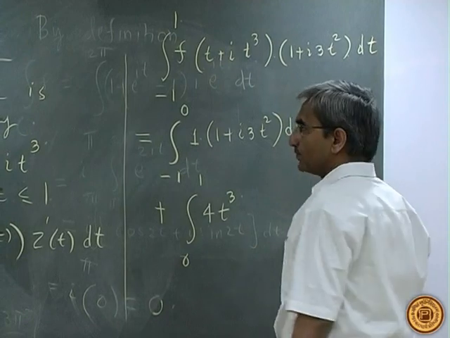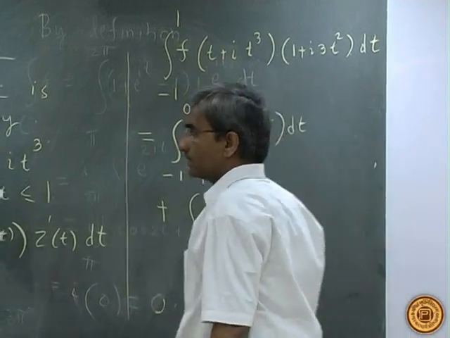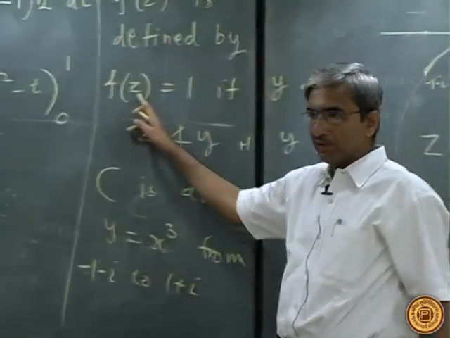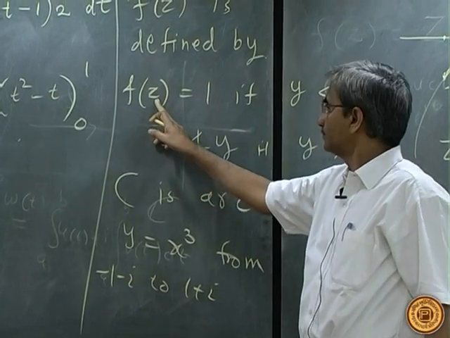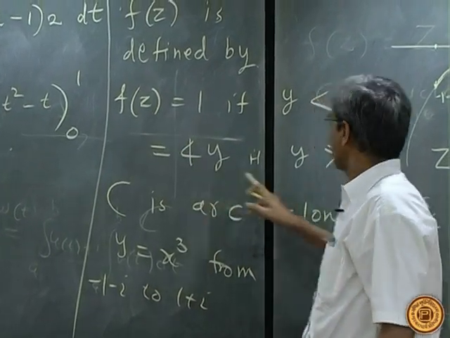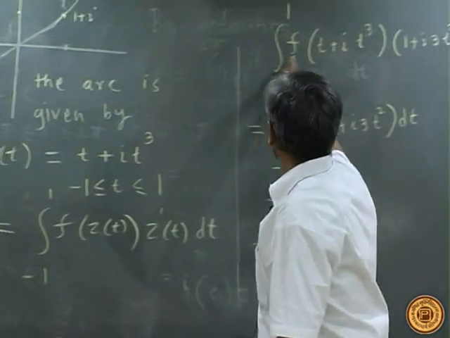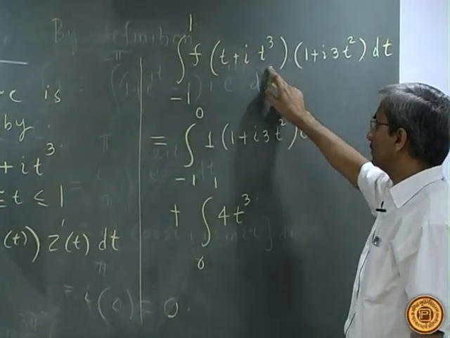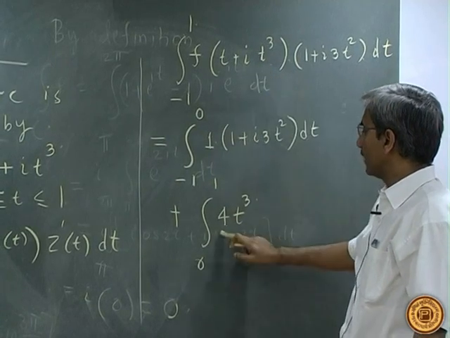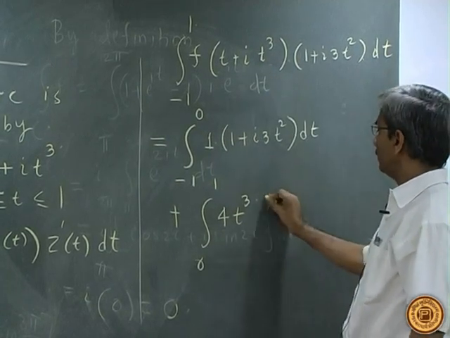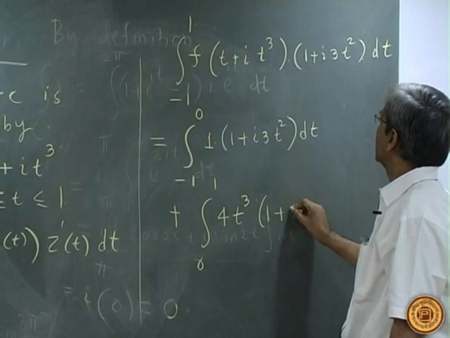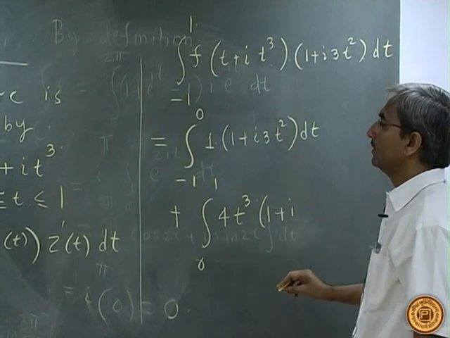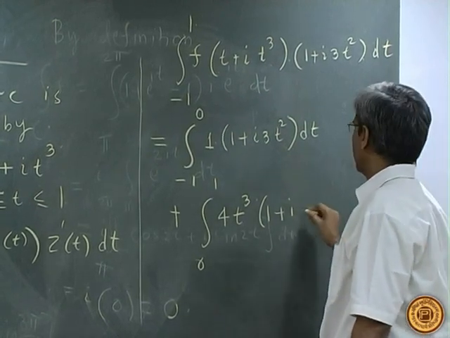Is this clear why it is 4t cube? Because if z is x plus iy, f(z) is 4y, but if you are applying it on z(t), the y coordinate of this is t cube. So 4y means 4t cube into 1 plus I 3t square dt.